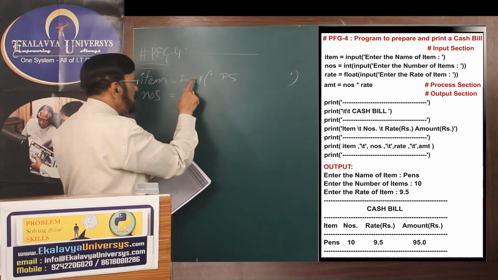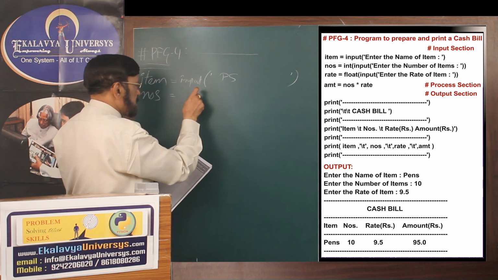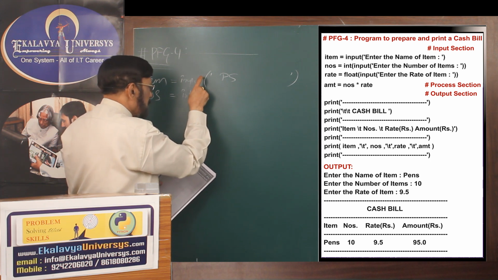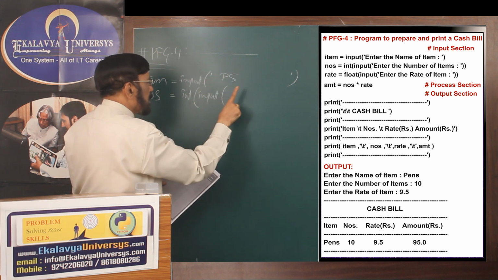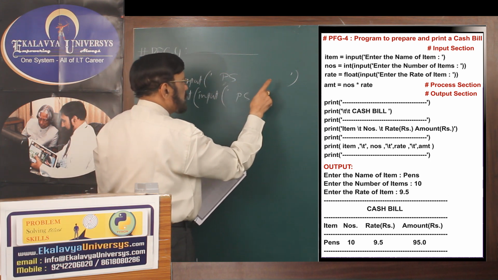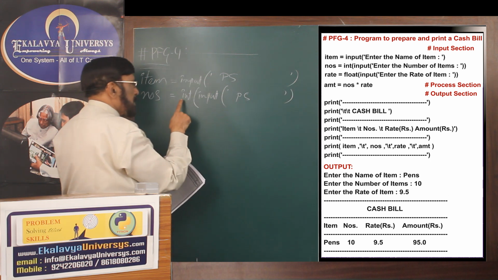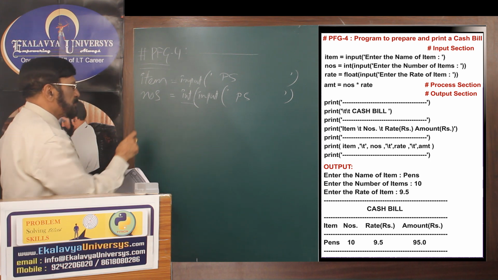Now, one more input function actually you have to write, but you write int. I tell you, this is the crucial point. Input, then the prompt statement, as usual, you write. Okay, here int, this is a new point. I will explain what is the purpose of that.